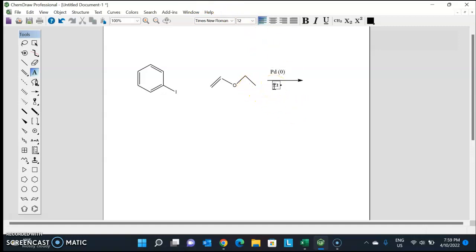Okay, so this reaction, there's a lot of steps. So this will create another CC coupling, and the CC coupling will occur at one of these positions by the alkene.